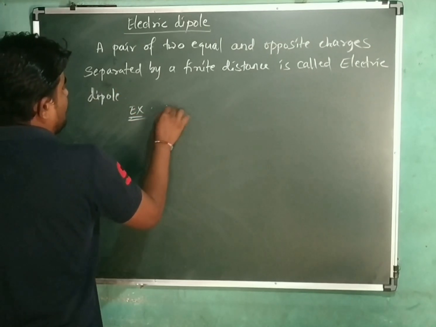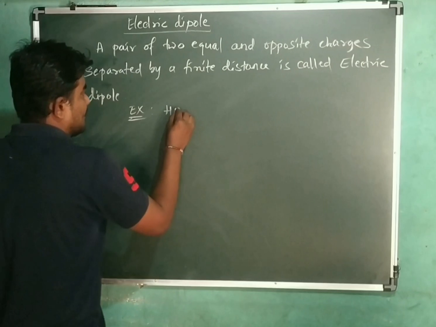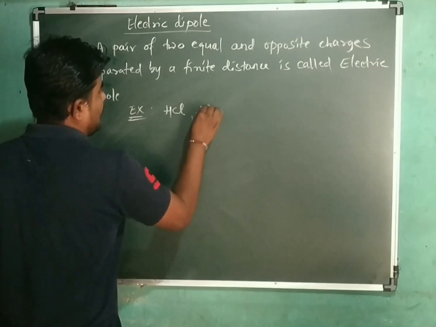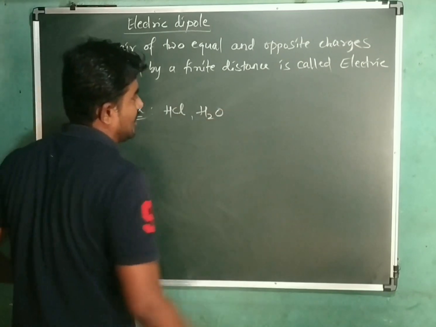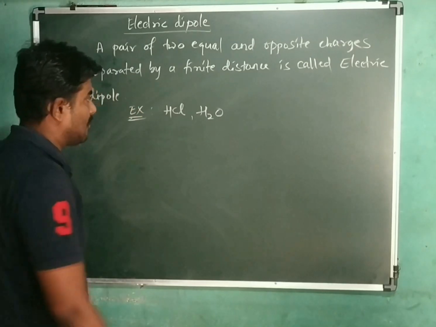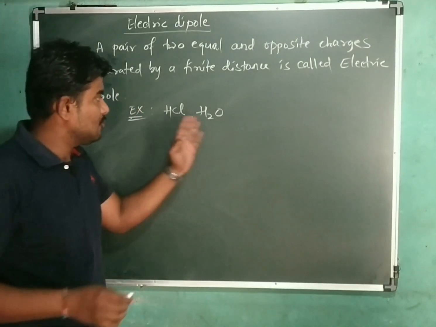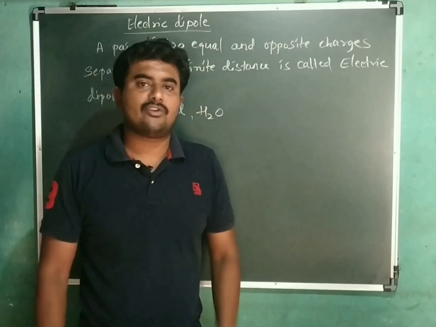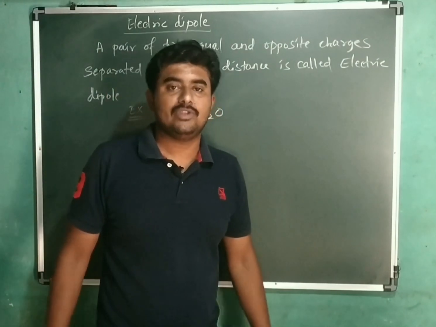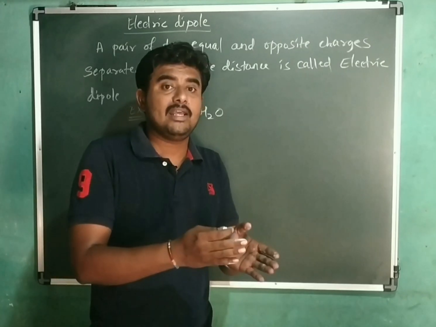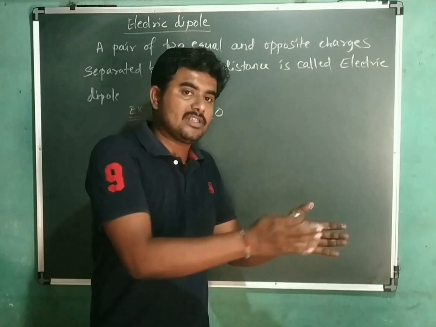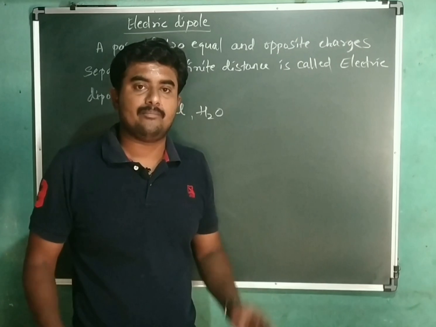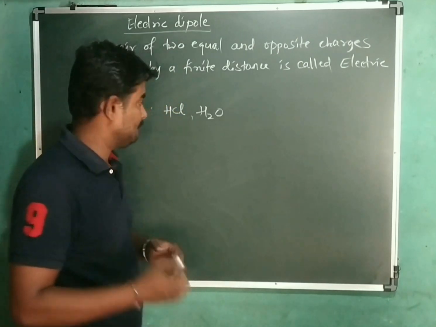For example, HCl is an electric dipole because H is positively charged and Cl is negatively charged, and H2O, where H is positively charged and oxygen is negatively charged. These are polar molecules actually. The center of positive charge and the center of negative charge do not coincide with each other. The result is H is on one side and Cl is on the other side, making a dipole.